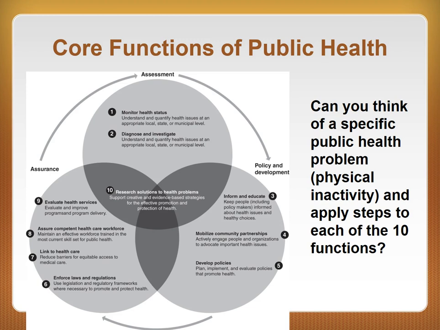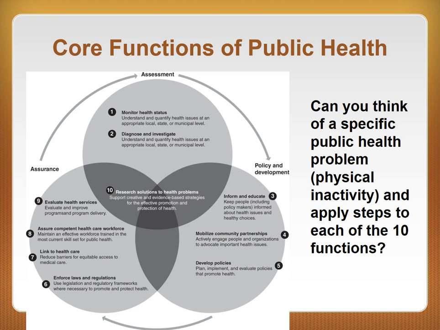In the third phase, during the assurance phase, laws and regulations are created and enforced, linkages to care are created, a competent workforce is developed, and effectiveness is evaluated. The cycle can then begin anew with ongoing monitoring. Importantly, this cycle revolves around research advances and administrative skills.